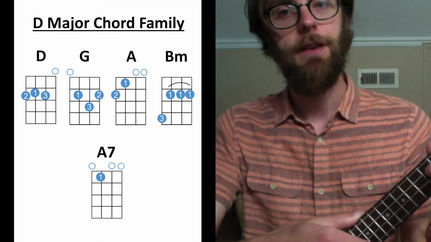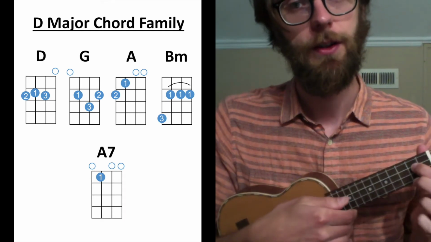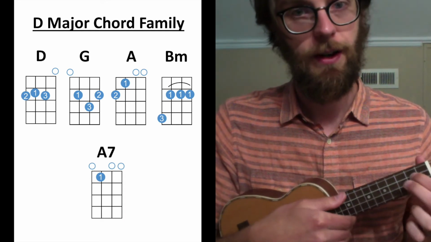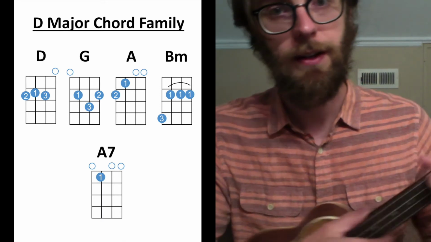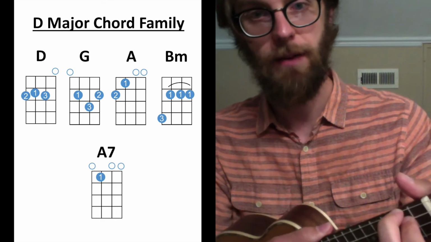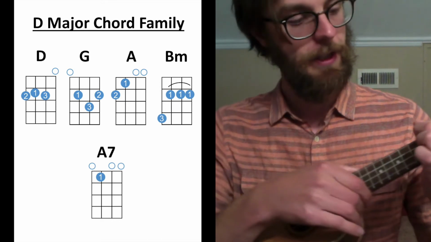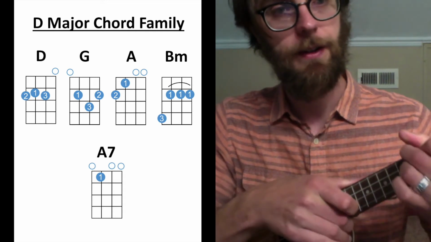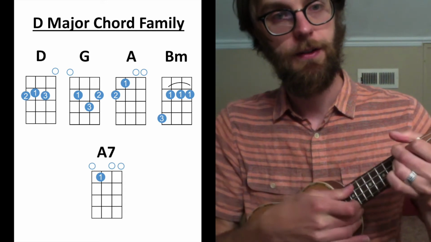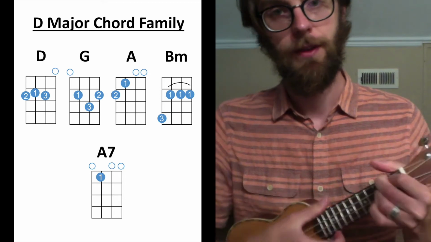Now your second finger goes on this G string, still second fret. So it's right above where your first finger was. And then your third finger, still on the second fret, on the E string. So I have all three of my fingers on the second fret in that shape on the screen.